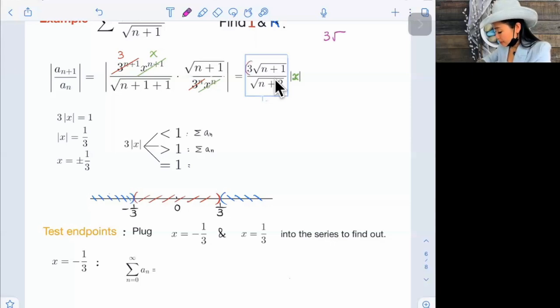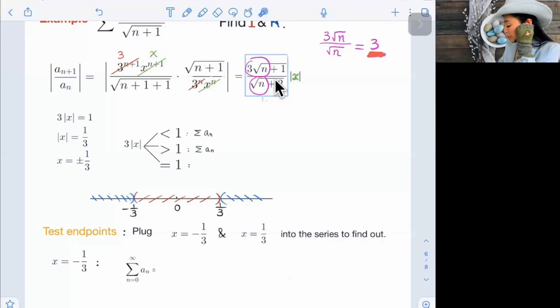And down here you have what? Square root of n. So 3 square root of n over square root of n is what? It's 3. Even though both of them go to infinity, this is always 3 times this. So the ratio is going to 3. It's not 1. So we go to 3.